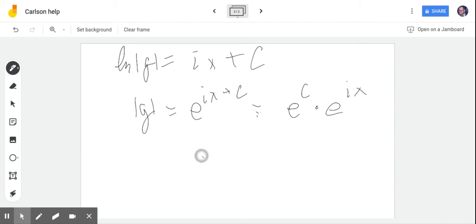So I'll end up with g equals some sort of constant, e to the ix. So we've now taken that first specific equation, and then we've shown that it fits this general form of an equation. So now we just need to determine what's the value of our constant that makes this work.